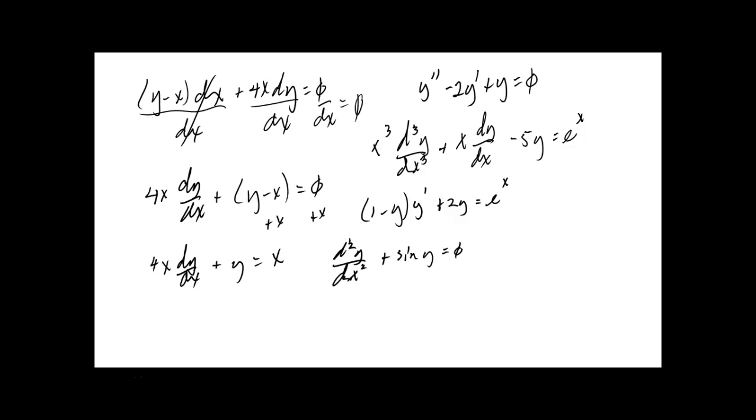Let's see if we can squeeze one more in here. d to the fourth y dx to the fourth plus y squared is equal to 0. Linear or nonlinear? Nonlinear.